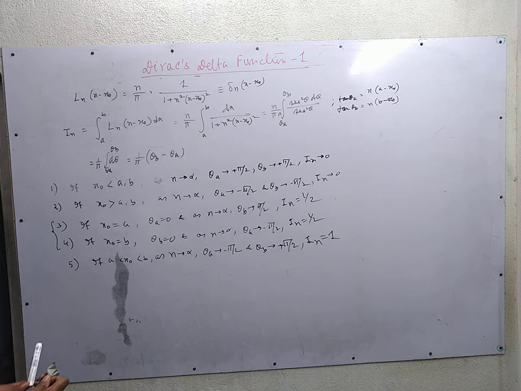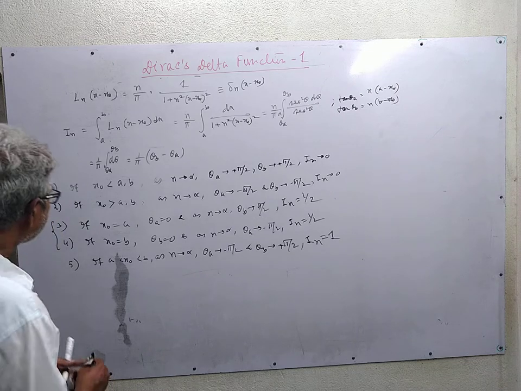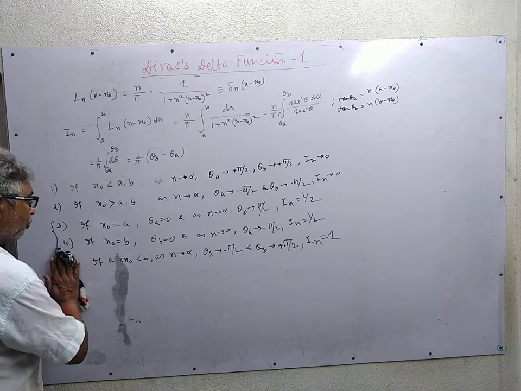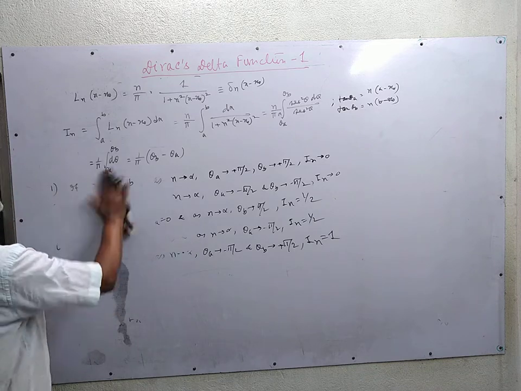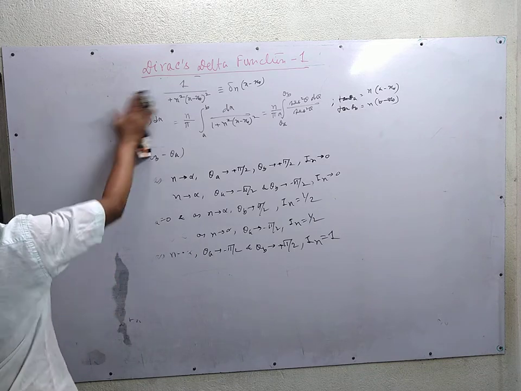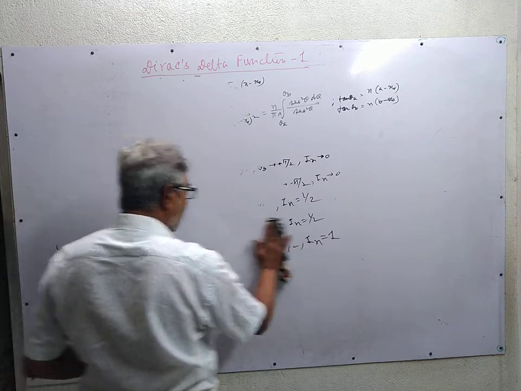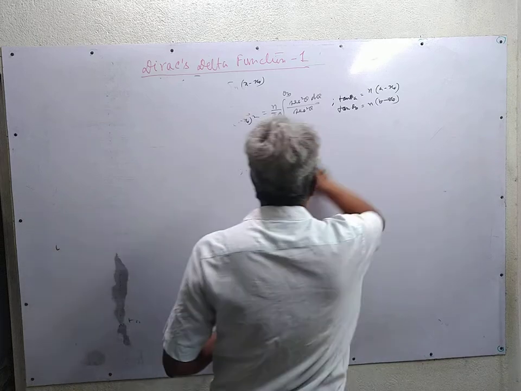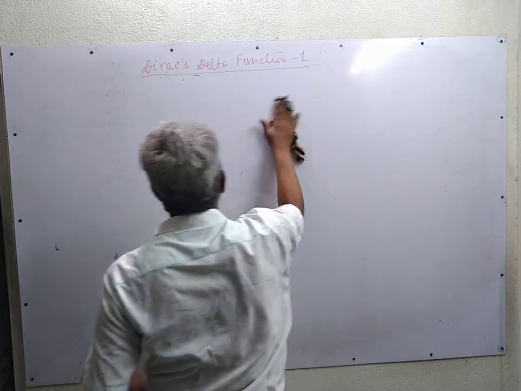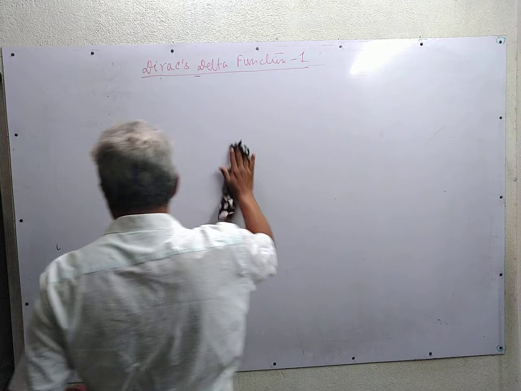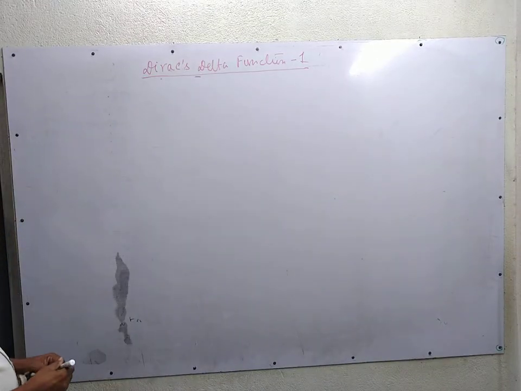To conclude this lecture, the first lecture on Dirac's delta function, we shall just mention the integral representation of the delta function. We shall not go into the proof of it, which you will learn in the mathematical physics 2 course through Fourier transform.